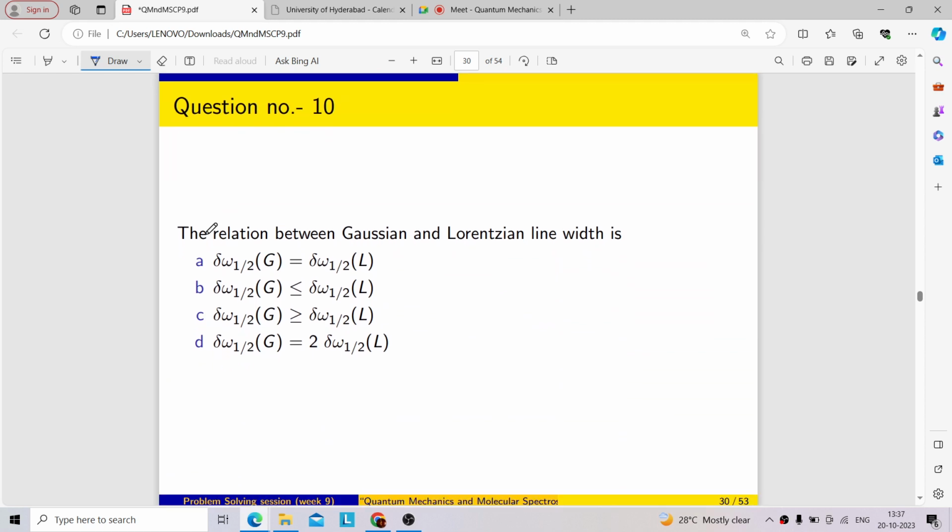Then moving on to the next question. So the relation between Gaussian and Lorentzian line width. Which one is the correct answer?